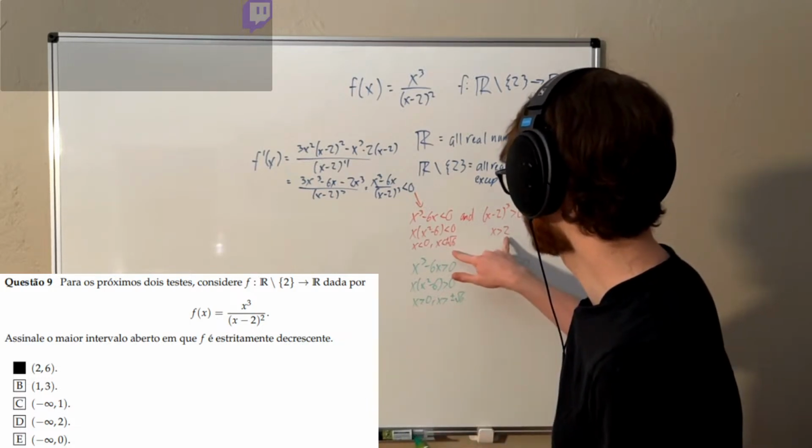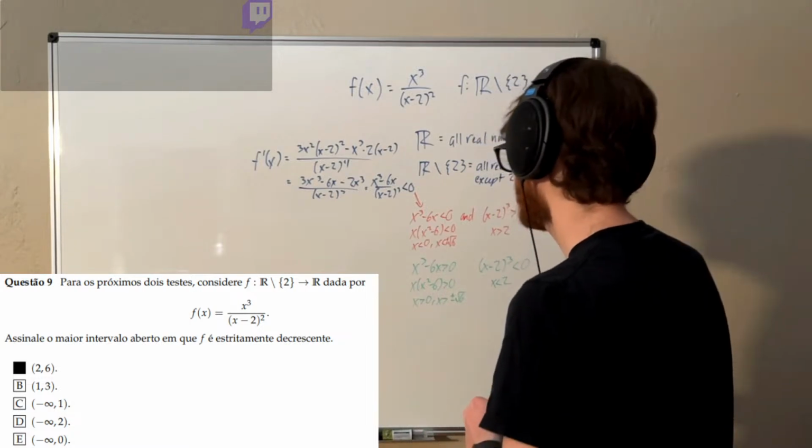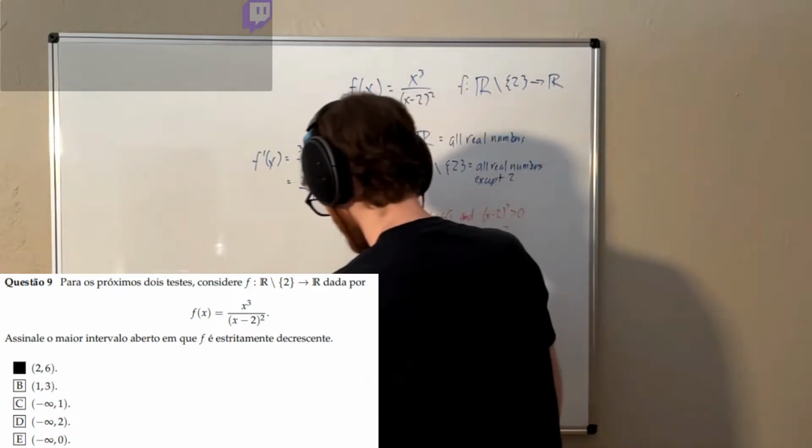Actually, no, we should get a solution from 2 to 6. It will be with that red thing, but I made a mistake. I shouldn't be having root 6.